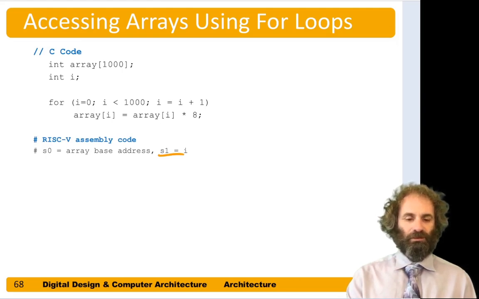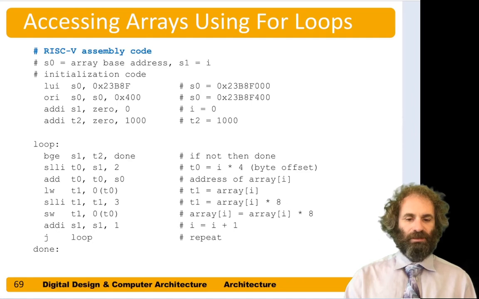Here's the code, loading the base address of the array. Now this is the I equals 0, and we'll compare to 1,000. Now in our loop, we'll check if I is greater than or equal to 1,000. If it is, we're done.